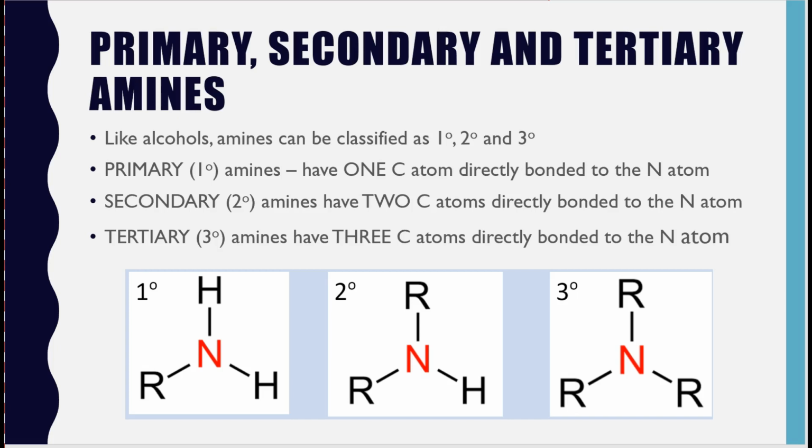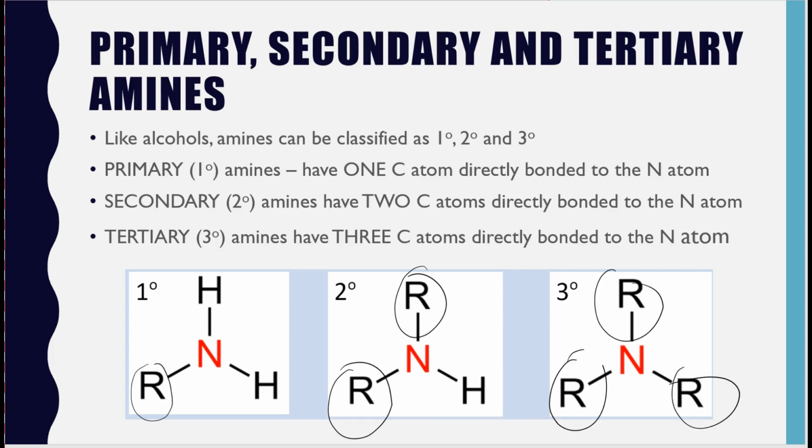In the case of amines, it depends on how many carbon chains are bonded directly to that nitrogen atom. In this first example, you can see we just have one carbon chain off that nitrogen group. In this case here we have two, and in this case here we have three. So one being primary, two being secondary, and three being tertiary.